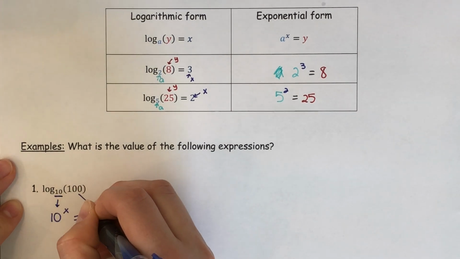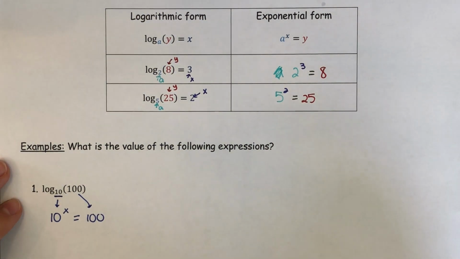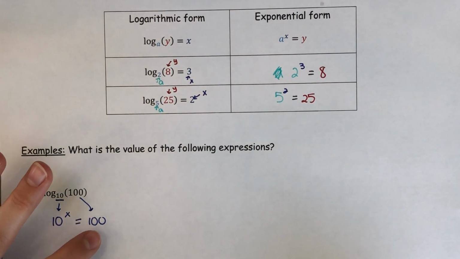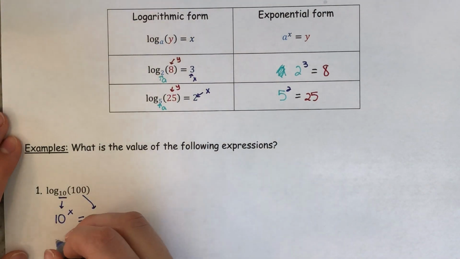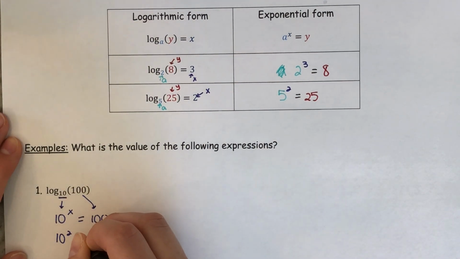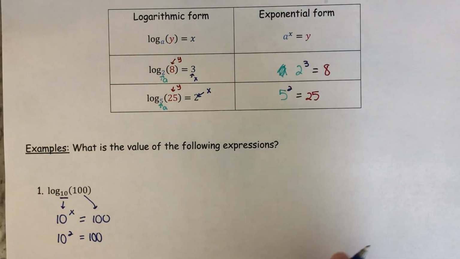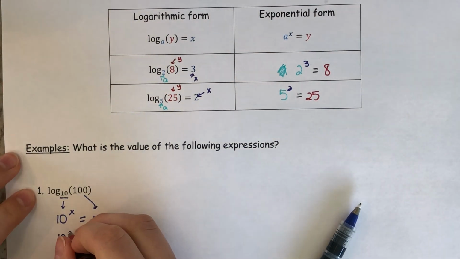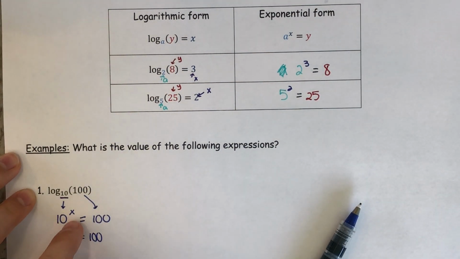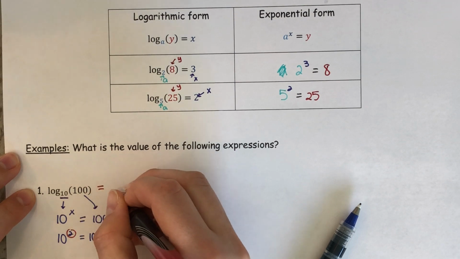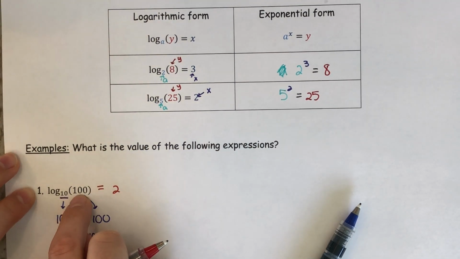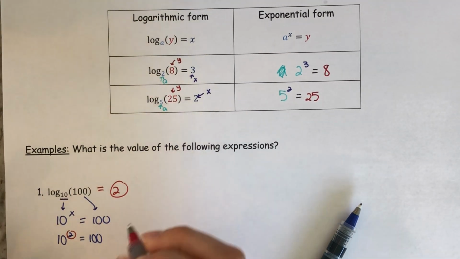So 10 and 100, that's where these numbers are coming from. So 10 to what power equals 100? We know that 10 squared equals 100. So our answer is going to be coming from that exponent right there, whatever our exponent equals. So our answer to log base 10 of 100 is 2, if you were evaluating this.